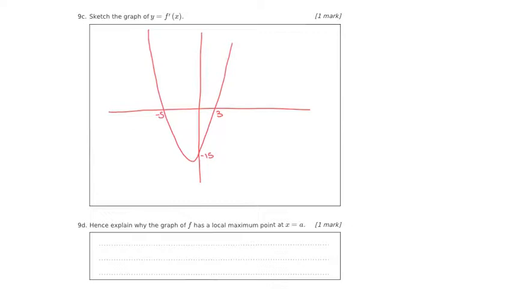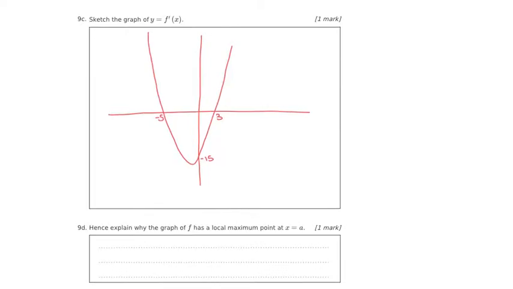If you look at the graph for f dash x, at a, which is x equals minus 5, the derivative changes from positive to 0 to negative. Positive, 0, negative. Therefore, maximum.